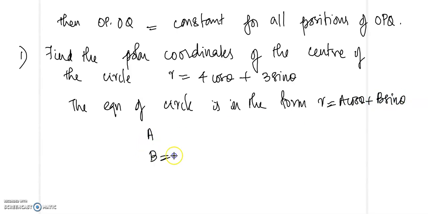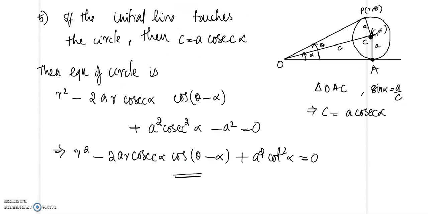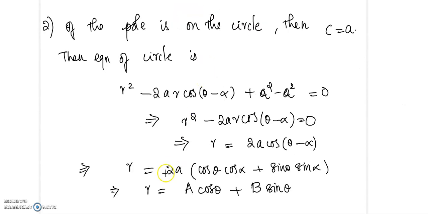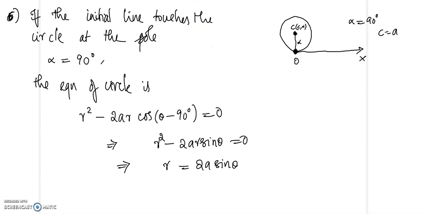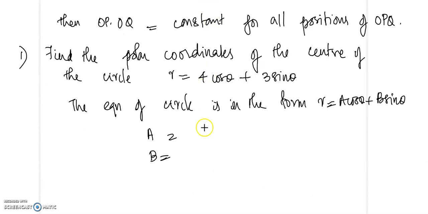So we have seen what are the values of a and b. Here a will be 2a cos alpha and b will be 2a sin alpha.